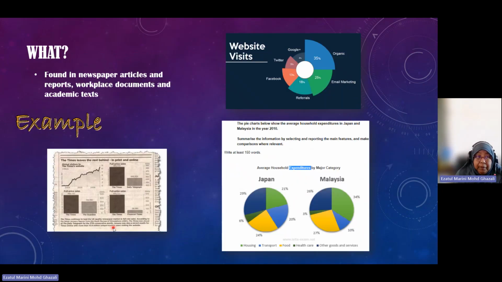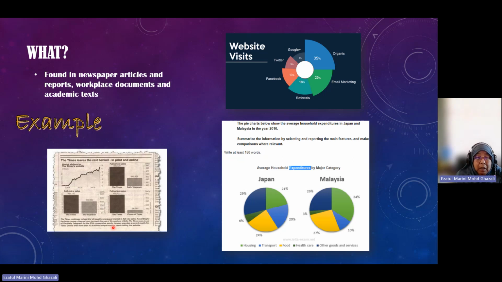Where can we find graphs and charts? Graphs and charts are normally found in newspaper articles and reports, workplace documents, and also academic texts. It is the most suitable way to show the audience trends and changes, and it is a more attractive way to present data.